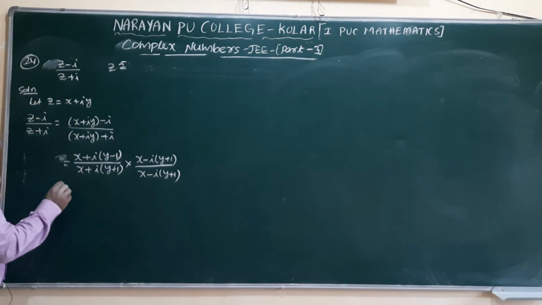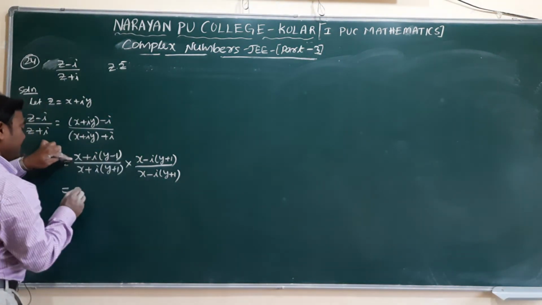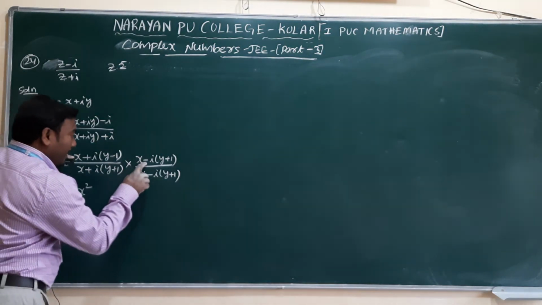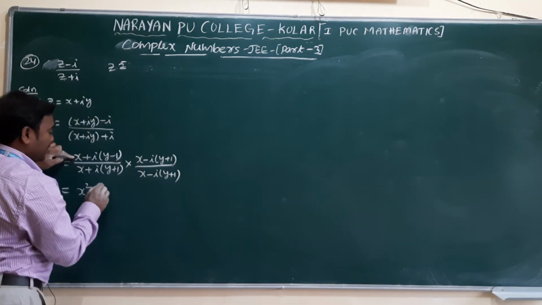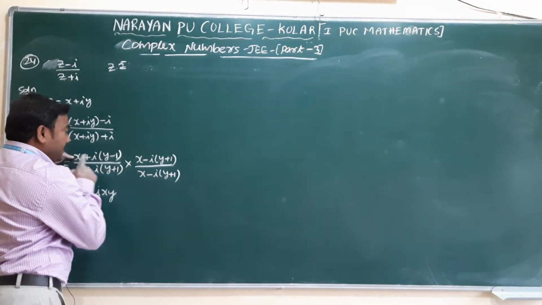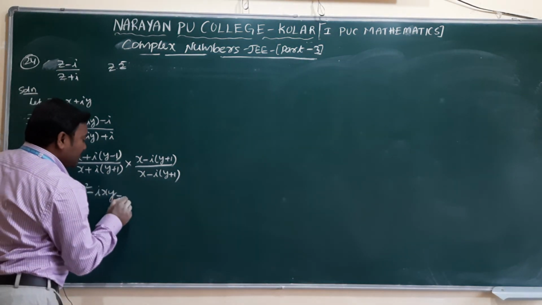Multiplying here, x into x, x square, plus x into minus i(y plus 1), minus ixy, minus ix.